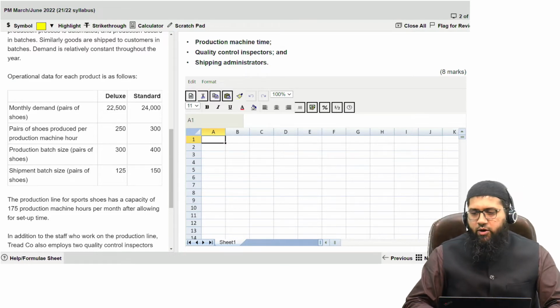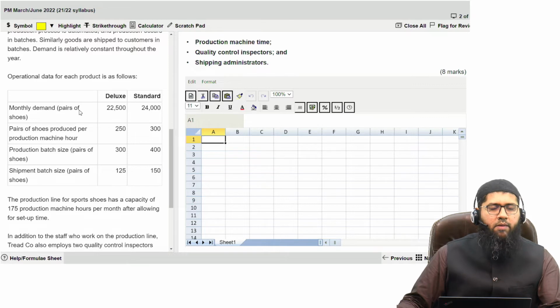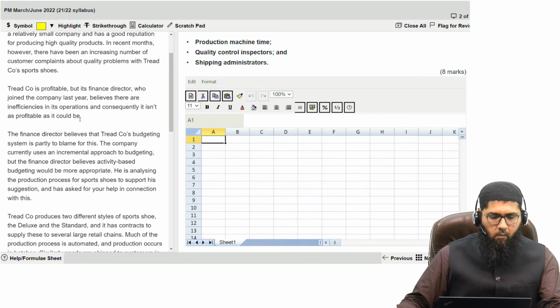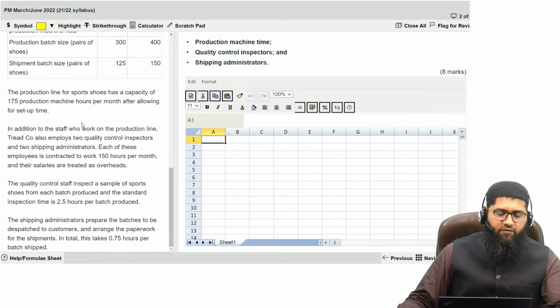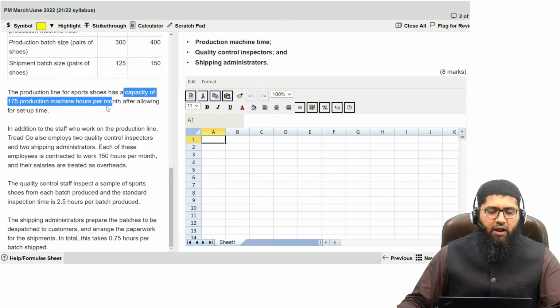Now, what are you going to do? You're going to say that for each one of them, we have been given the operational data: monthly demand, pairs of shoes produced per production machine hour, production batch size, and shipment batch size. The key information here is that the production line for shoes has a capacity of 175 production machine hours per month after allowing for setup time.